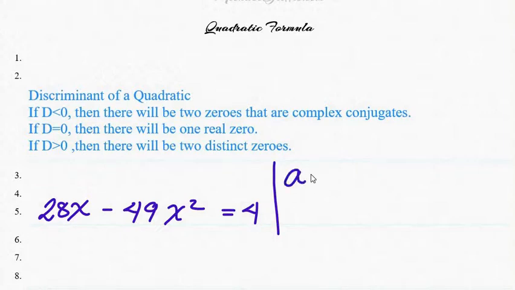And in general, the quadratic equation is written like this. We need to get it in this form. This is the standard form for the quadratic equation. Okay, so let's get it in this form before we do anything else.